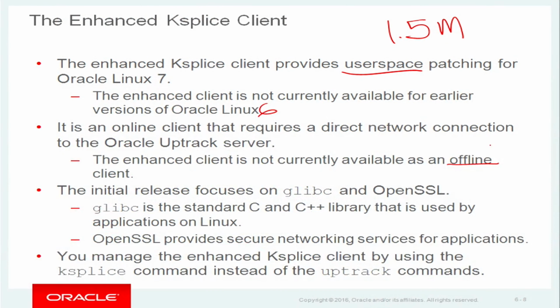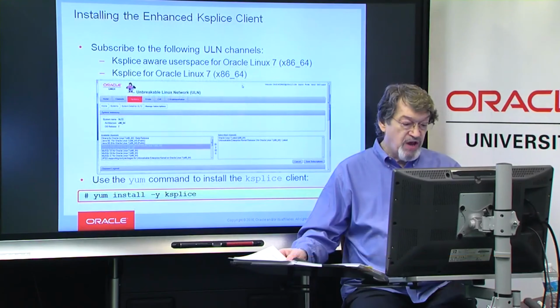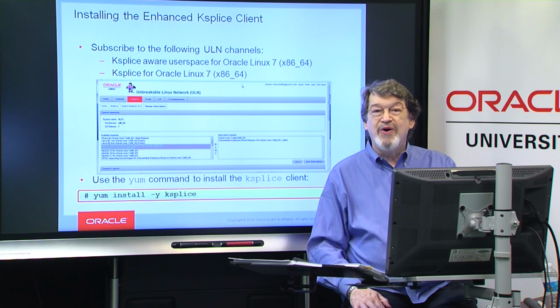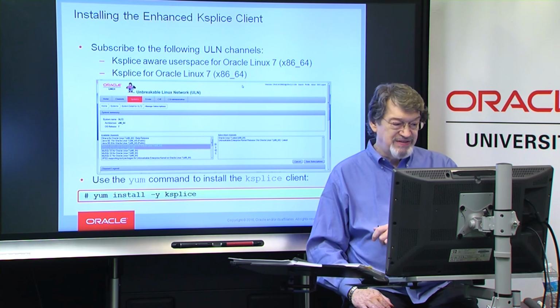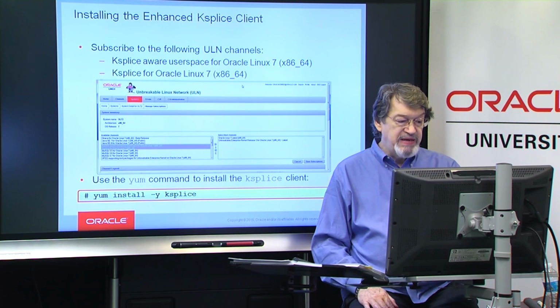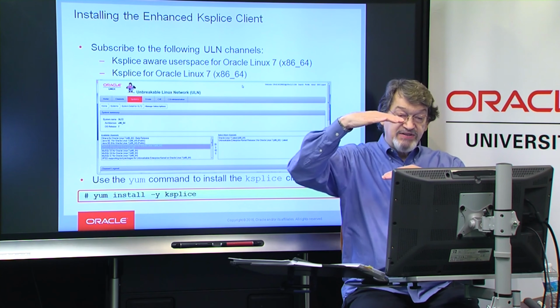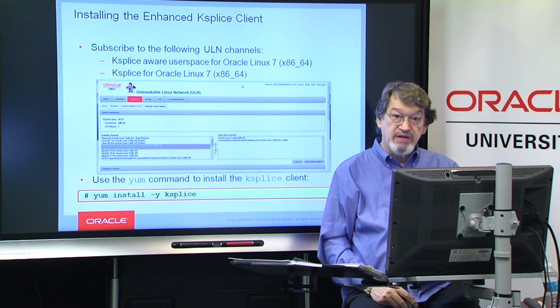And you'll have typical uptrack commands from Ksplice to be able to allow you to go out and manage this environment. So you'll need to subscribe to Oracle Support Services. You must be at the premier level, which is the highest level, to get Ksplice as a goodie.